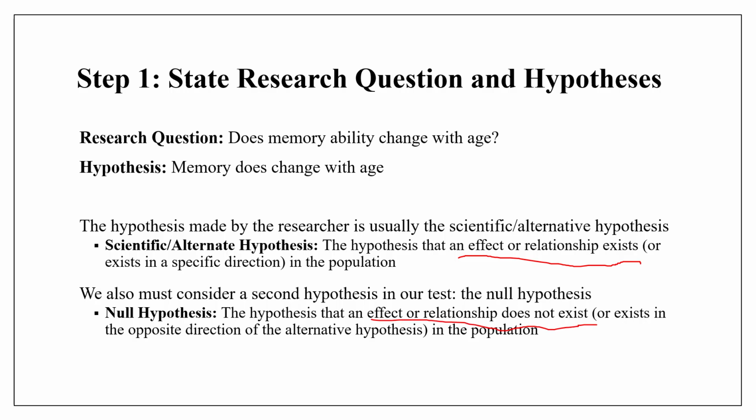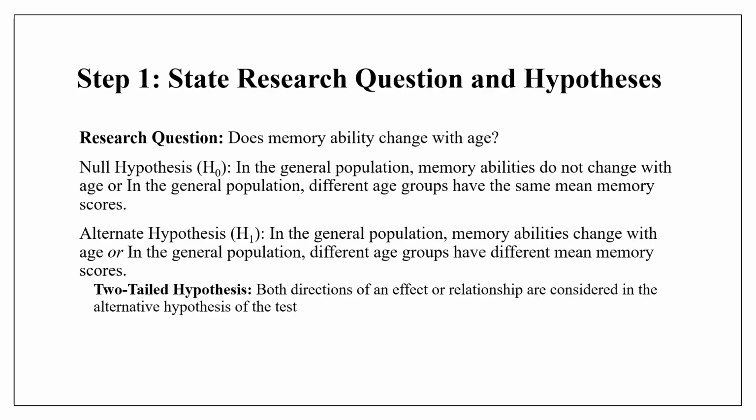So it's kind of the opposite of the alternative hypothesis. The alternative hypothesis says, yes, there is something there and we're going to find it. And the null hypothesis says there is nothing there. Nothing exists.